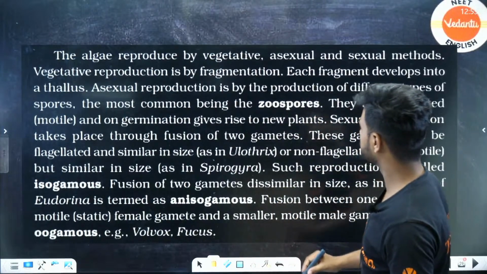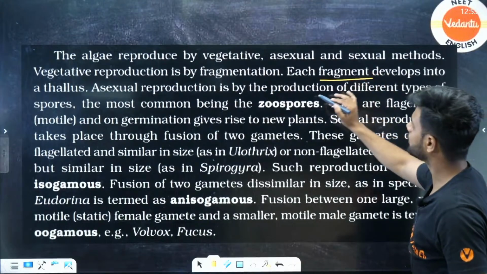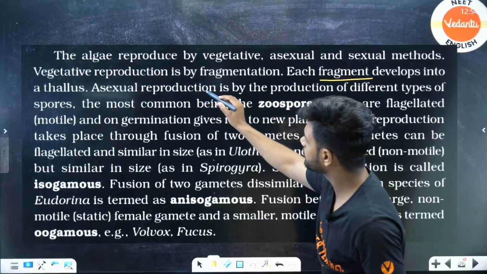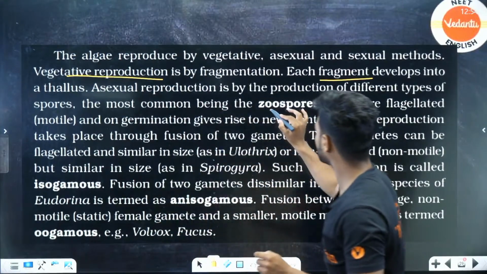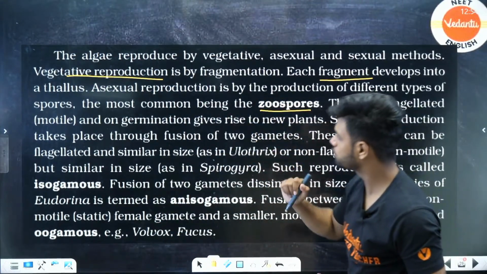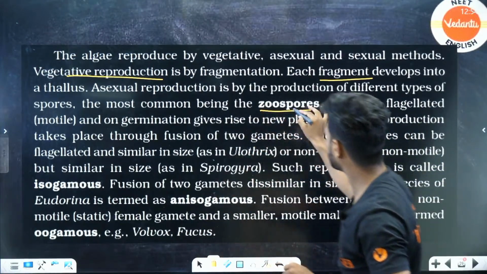Then we also learned about your reproduction, that is fragmentation is your asexual. Fragmentation is going to be your vegetative. Example is Spirogyra. Then we learnt about zoospores under asexual condition, and zoospore is found where? In the case of Chlamydomonas, that is motile spores.